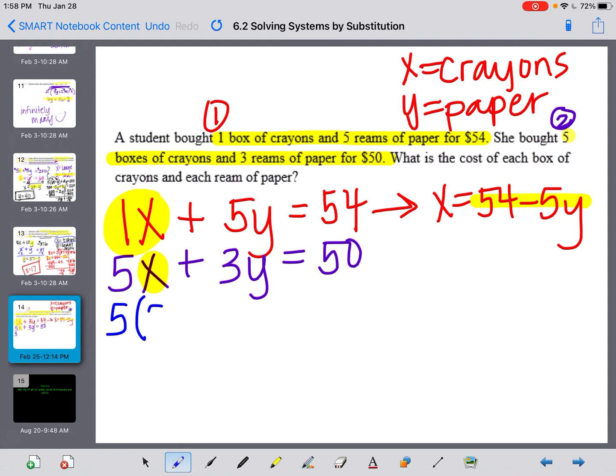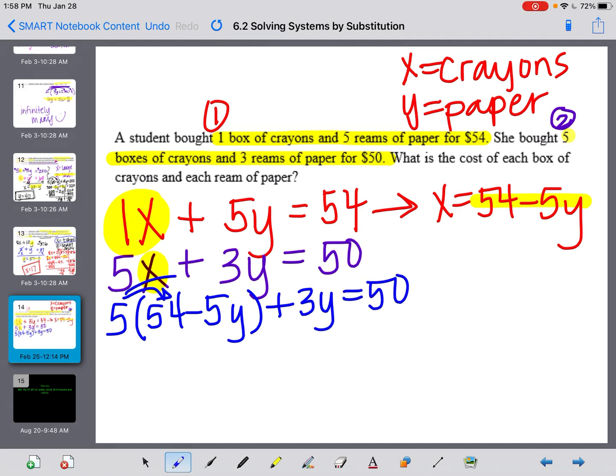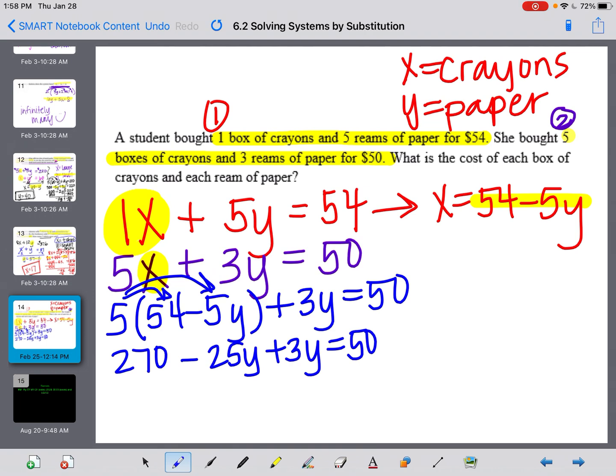Okay, 5 times 54 minus 5Y plus 3Y is equal to 50. When I distribute, 5 times 54 is 270 minus 25Y plus 3Y equals 50. I'm going to combine my like terms. For 270 minus 22Y equals 50.